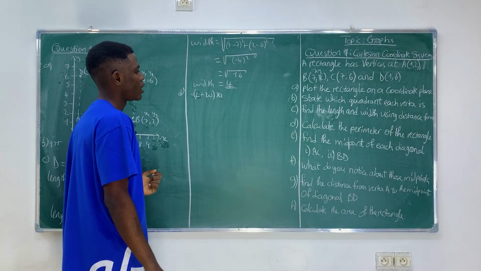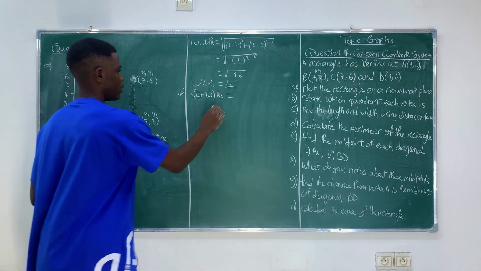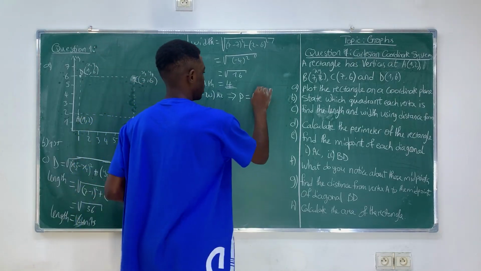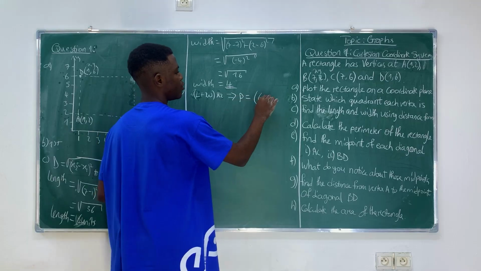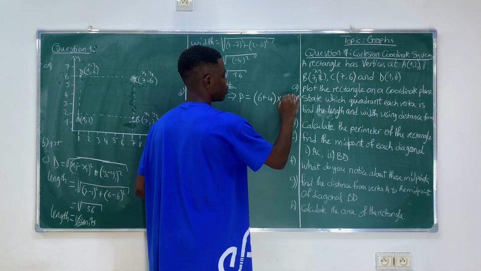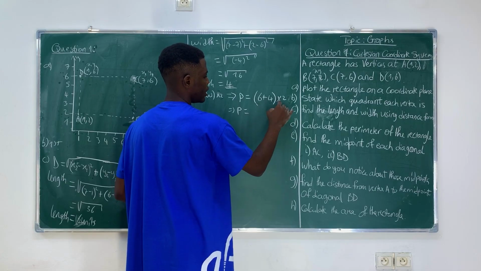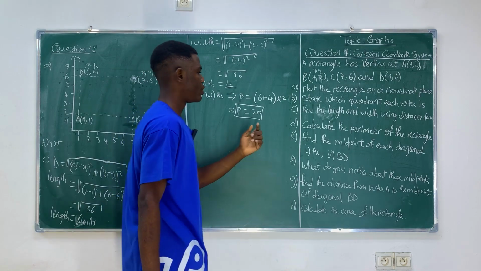That's the perimeter of the rectangle. So perimeter is equal to length plus width. My length was 6 plus my width was 4, all times 2. What is 6 plus 4? 10. 10 times 2 is 20. That is the perimeter of the rectangle.